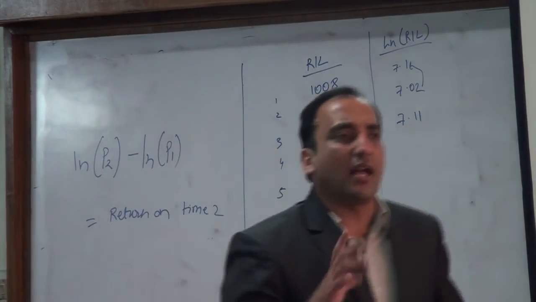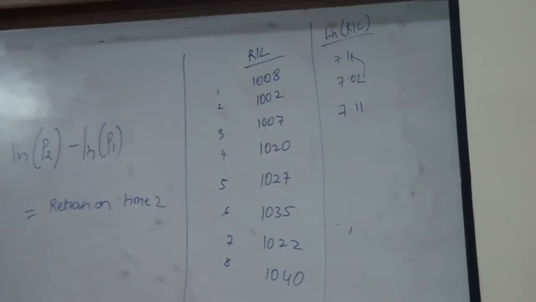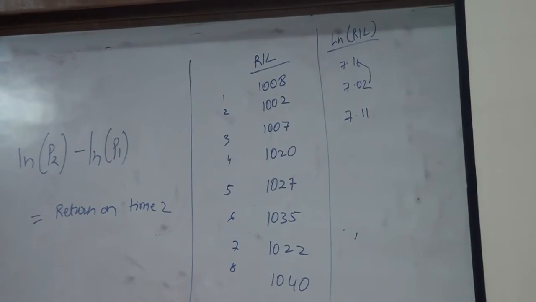You know what continuous compounded return means? Anybody who does not know continuous compounding? You all know? Right? So rather than compounding yearly, we are compounding monthly. Rather than compounding monthly, we are compounding daily. Rather than compounding daily, we are compounding every second.